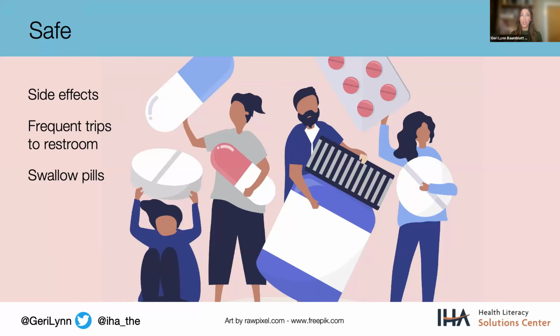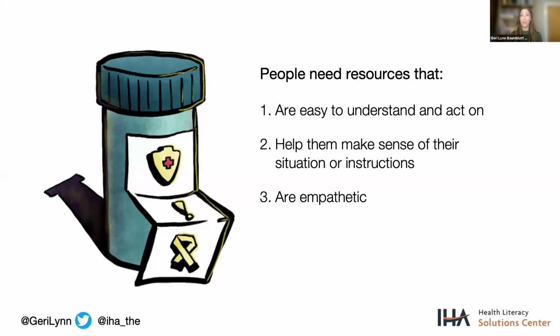And that's what I'm usually looking for, needs to be in the resources that I'm developing. And of course, in addition to that, this is a health literacy solutions center. So we know that people need resources that are easy to understand and act on, and that really help them with that sense making, help them make sense of their situation or instructions, but are also not just a laundry list or dry instructions, but are empathetic to who they are and what they're going through.